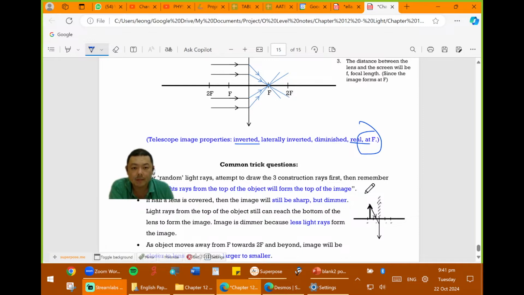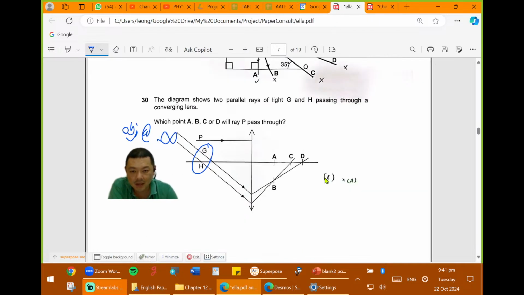Correct? So the image would have been at f. It would have been here. This would have been the image, which means that A is f.